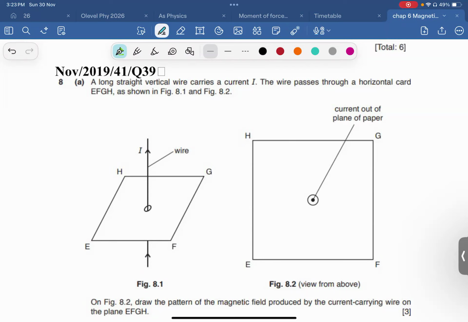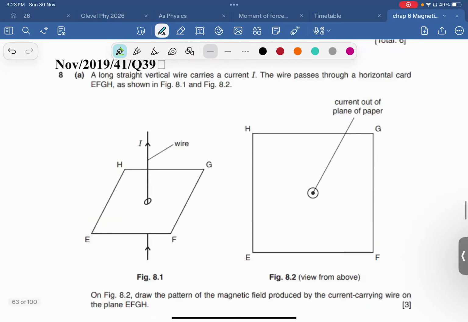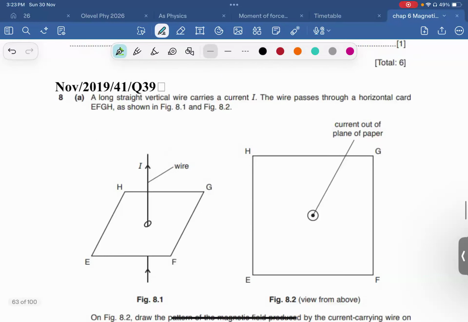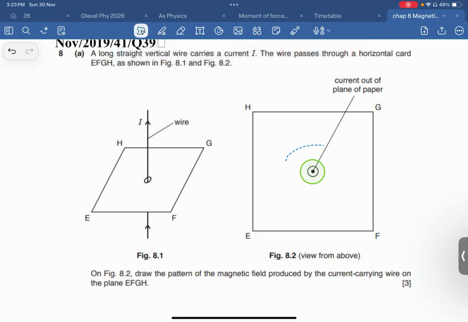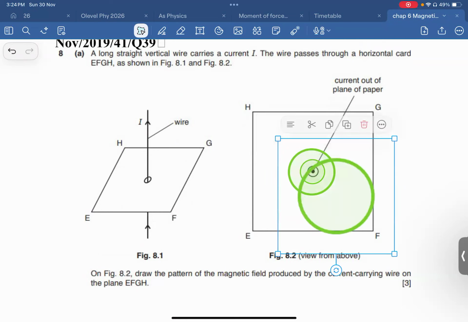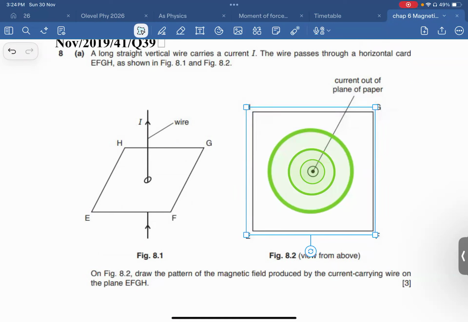On Figure 8.2, draw the pattern of the magnetic field produced by the current carrying wire on the plane EFGH. It should be like this and like this.